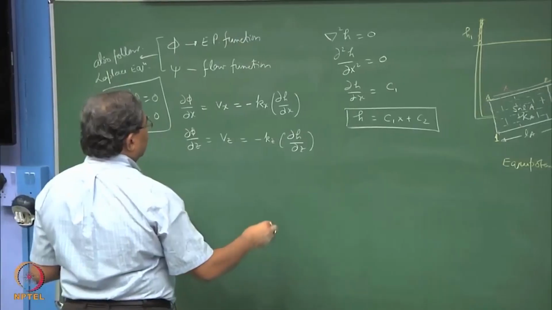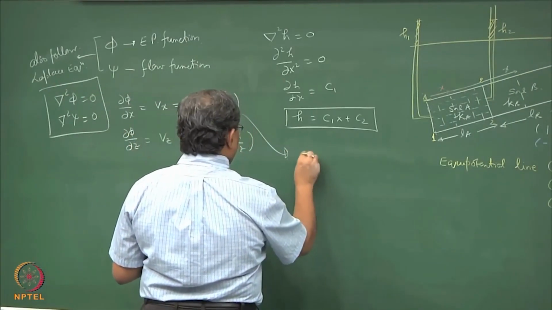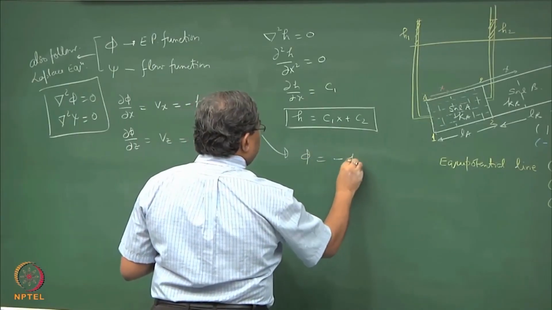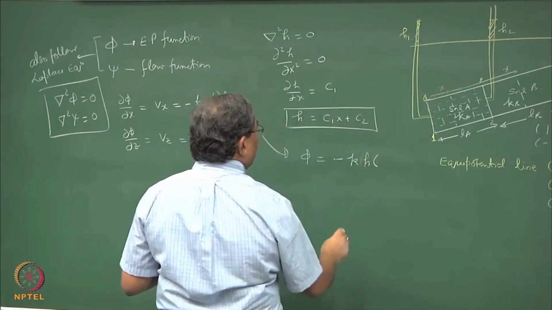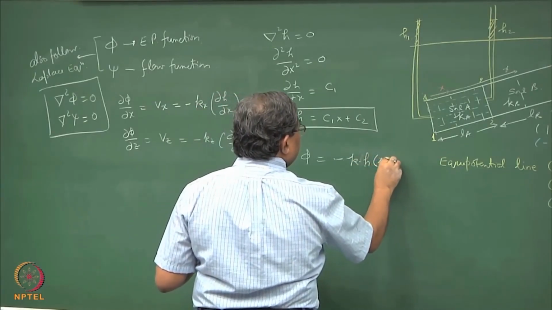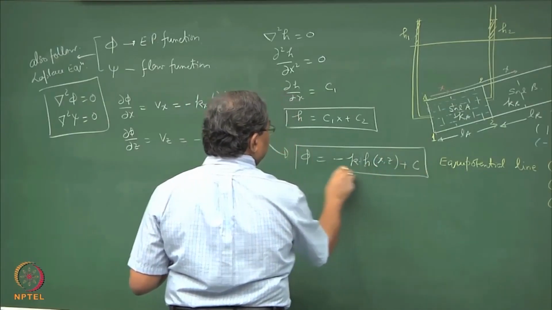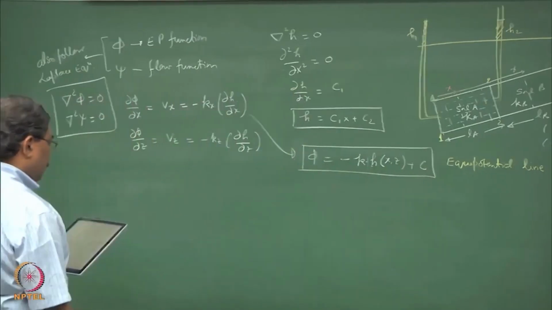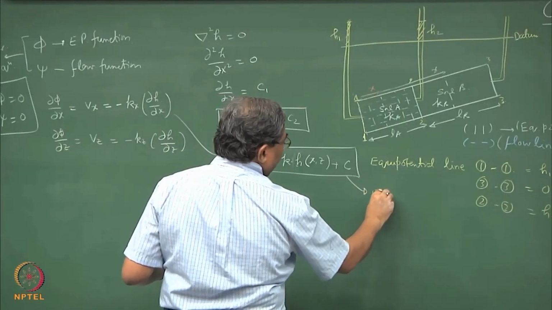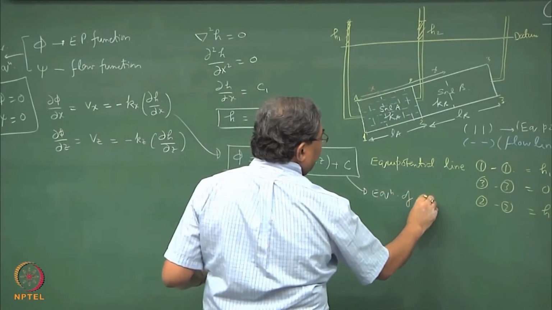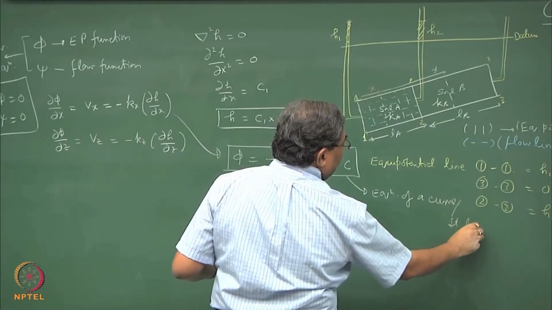Now, if I solve this expression, this will give me phi equal to minus k h as a function of x and z plus c. Now, this could be an equation of a curve, or this could be a straight line also.